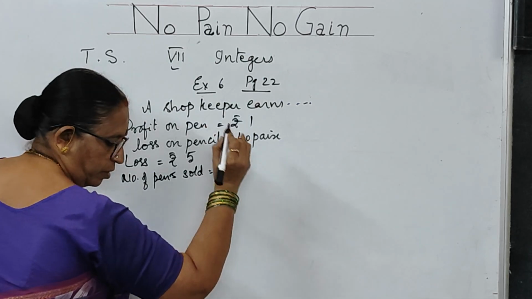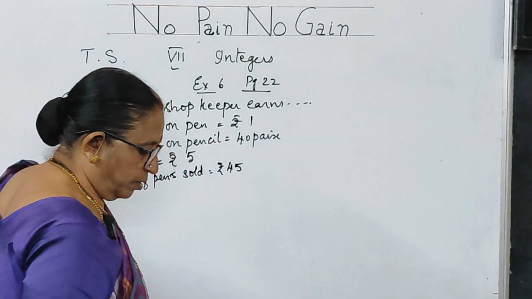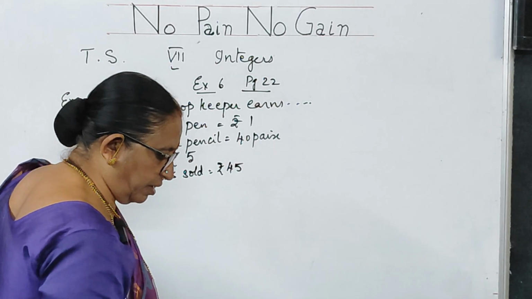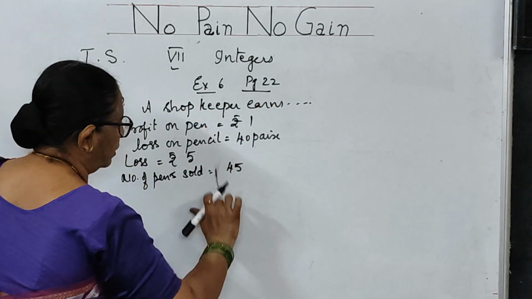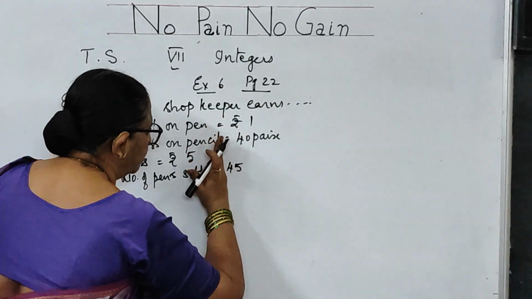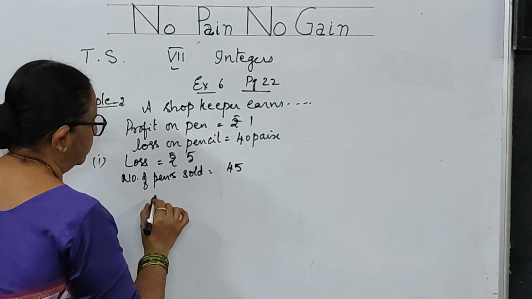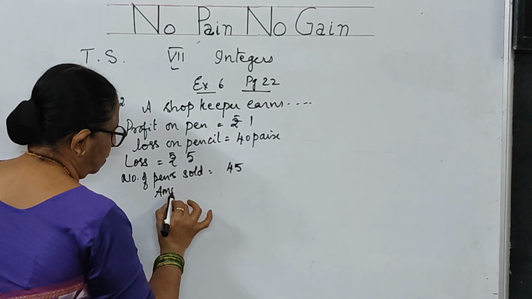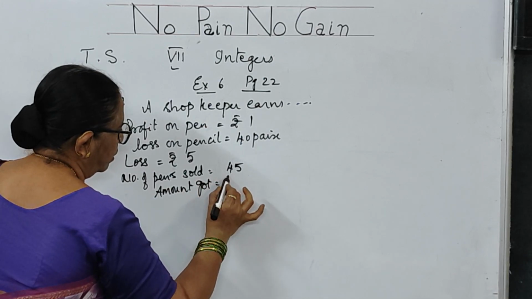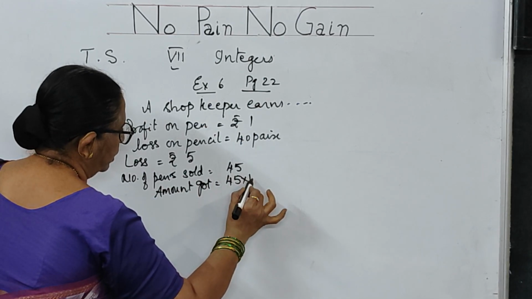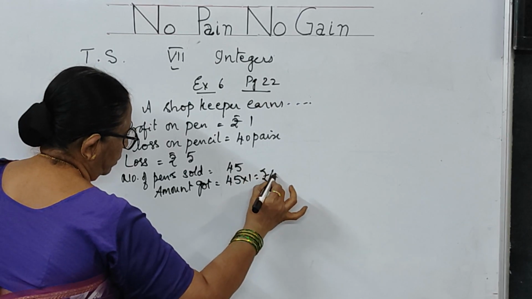Number of pens sold is 45. So what is the amount that she has got, children? 45 into 1. 45 rupees she has got from it.